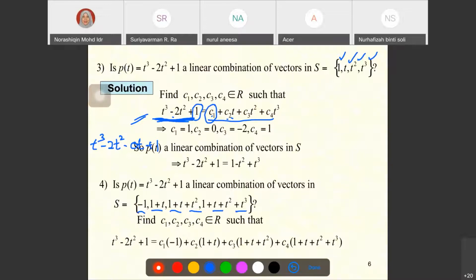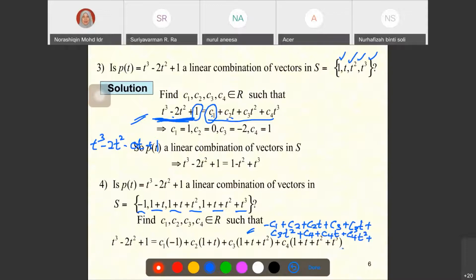Kita dapat apa? Negative C1 plus C2 plus C2t plus C3 plus C3t plus C3t squared plus C4 plus C4t plus C4t squared, right?